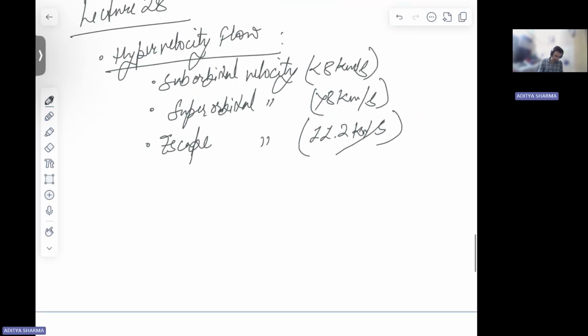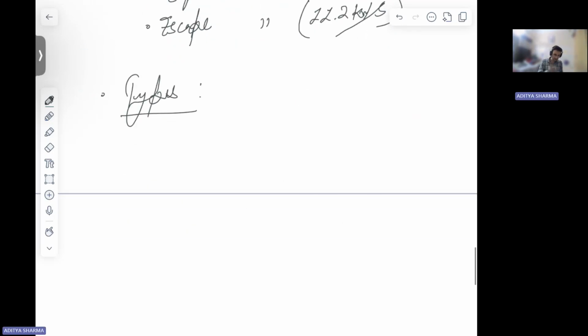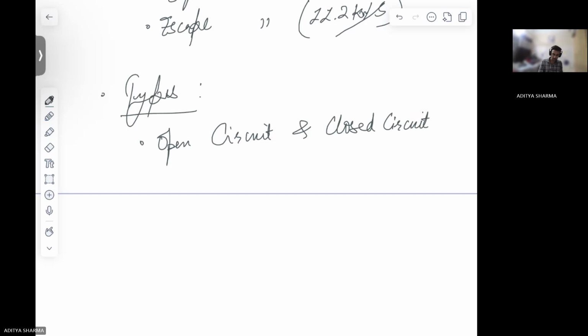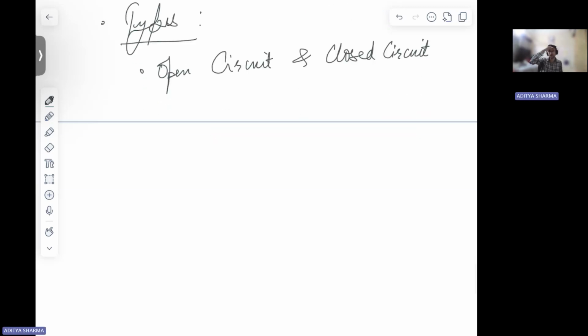Then there are types of facilities. One is your open circuit, then your closed circuit. Open circuit, closed circuit, as the name suggests.